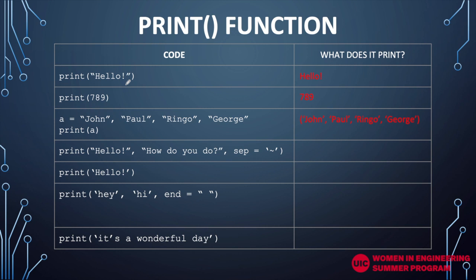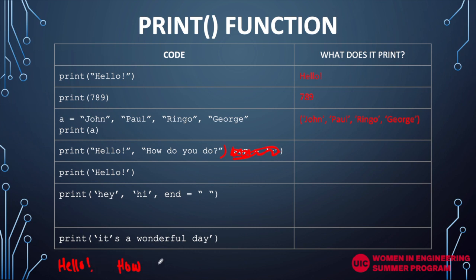And for this case, if you have a separator or sep and you explicitly define what it is, then instead of getting a space like you do if you were to ignore this, you would get hello space, how do you do?